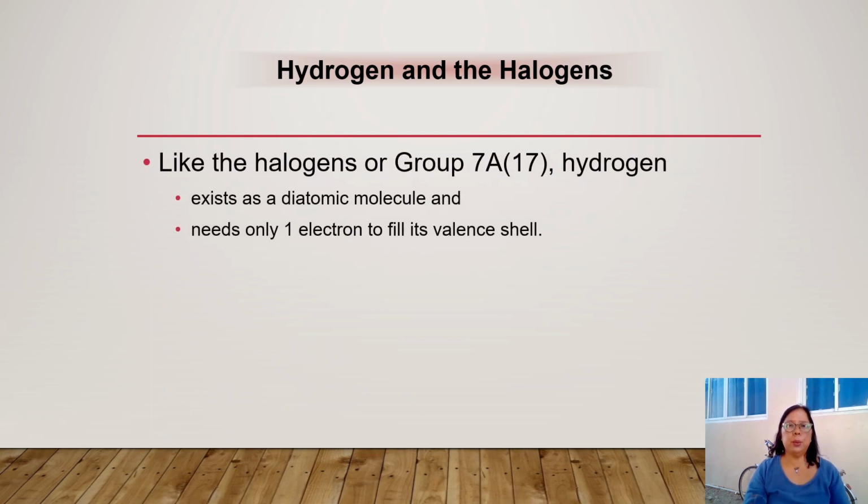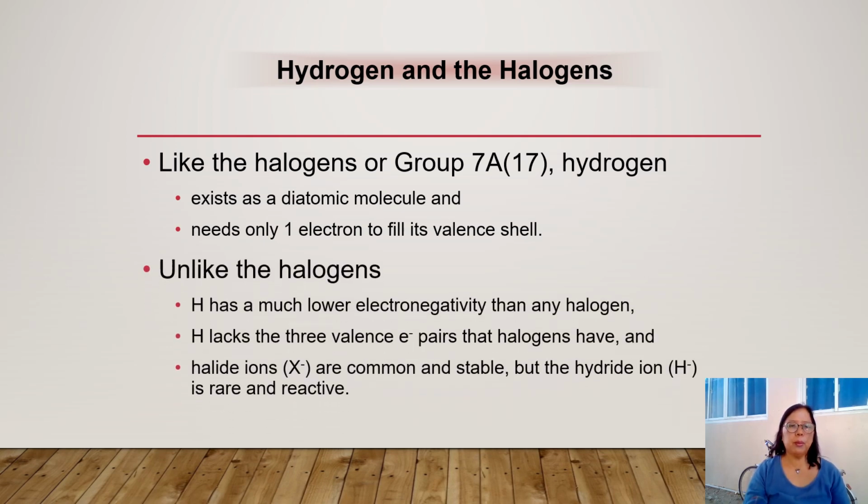Like the halogens of group 7A, hydrogen exists as a diatomic molecule, expressed as H2 in the free state, and it only needs one electron to fill its valence shell. But unlike halogens, hydrogen has a much lower electronegativity, and hydrogen lacks the three valence electron pairs that halogens have.